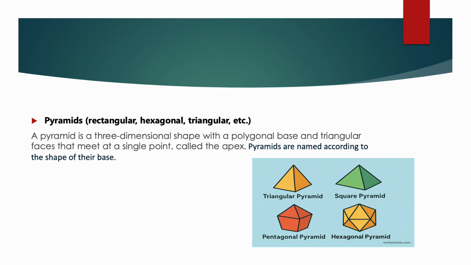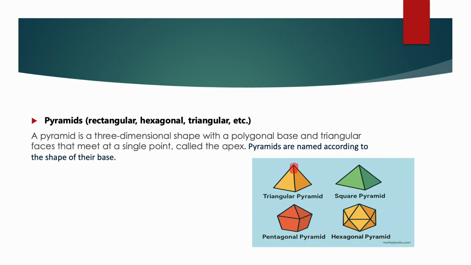A pyramid is a three-dimensional shape with a polygonal base and triangular faces that meet at a singular point, which is called the apex. You can see this point where those triangles come together. This first image is a triangular pyramid because the base is that of a triangle. If you were to flip this shape upside down, you would see a triangle.